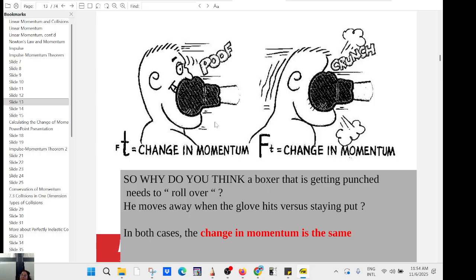Someone is punching me. Okay, let's roll over. But in theory, I guess it takes practice, right? Staying stiff would not be a good idea because you decrease the time and you increase the force. That's the idea of a jab. Boom, boom. That means the time is very small, so the force will be huge.